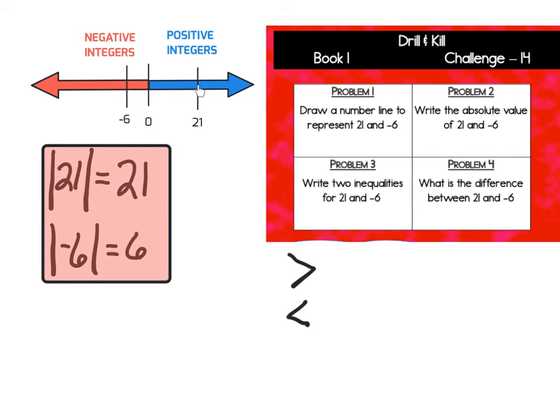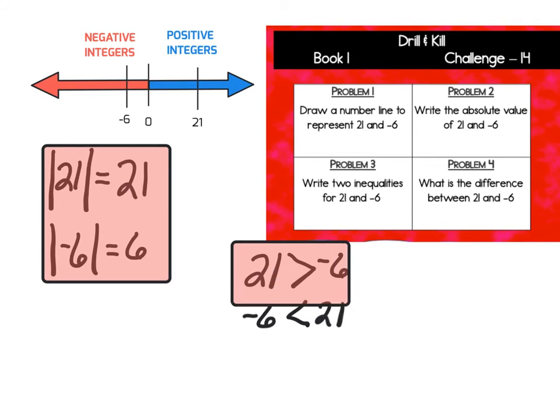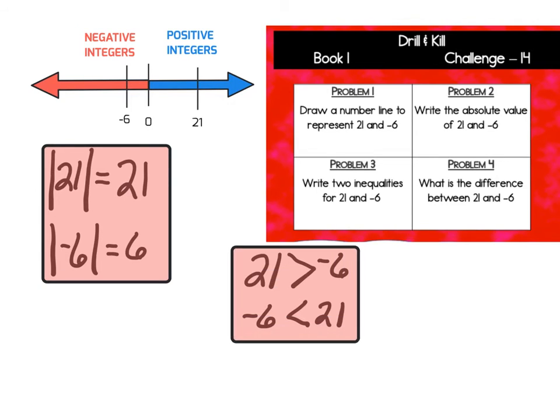So it is in the positive, and it is greater than the -6 over here. So you're going to simply write 21 is greater than -6. Next, you can write it as a less than, with -6 being less than 21. That is all you have to do for that one, my friends. Let's go ahead and box that.